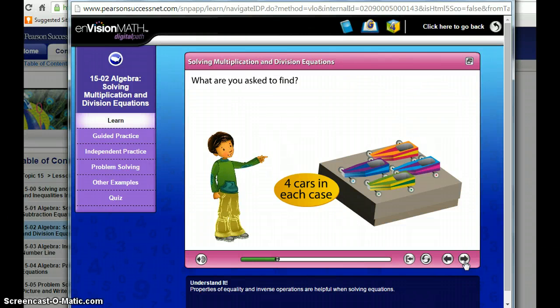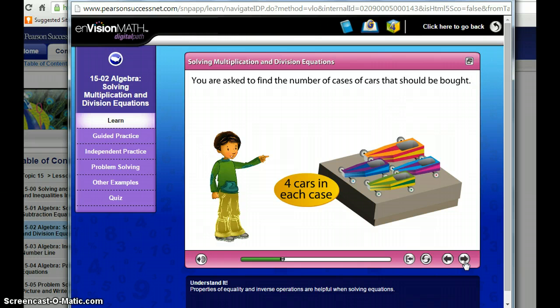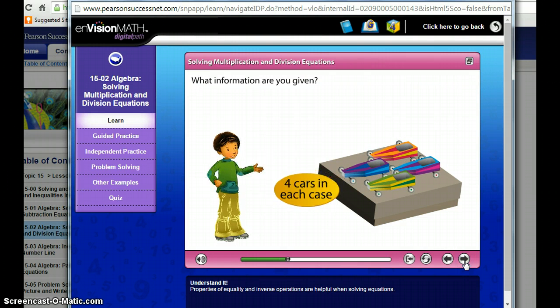Very good. What are you asked to find? The number of cases. You are asked to find the number of cases of cars that should be bought. What information are you given? The number in each case and the number of boys. You know that there are 32 boys and 4 cars come in each case.